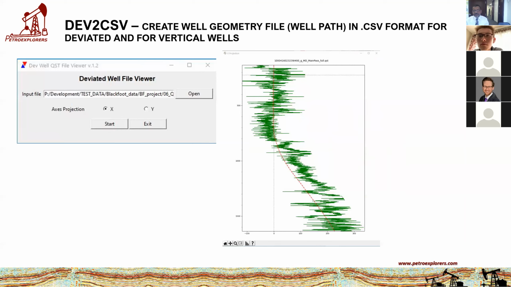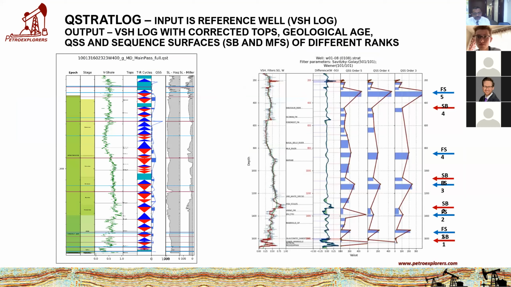Then you can view it or project it to X or Y. And in the cross-section case, we would project it into a cross-section domain on a seismic. So this is the step: create the geometry, attach it to the data.